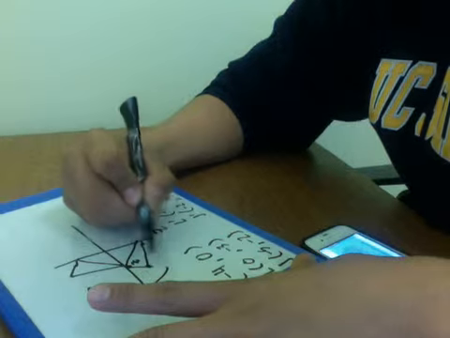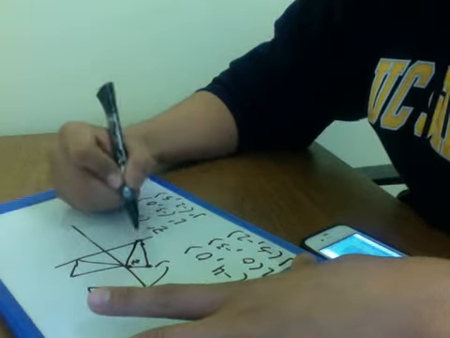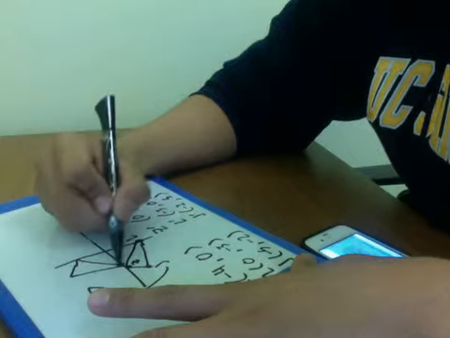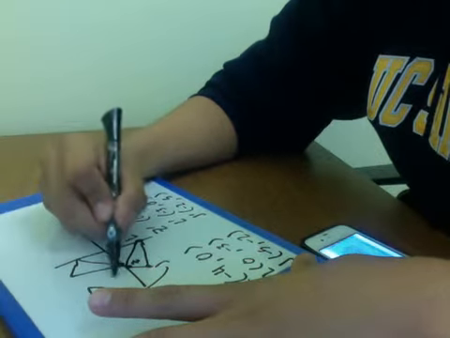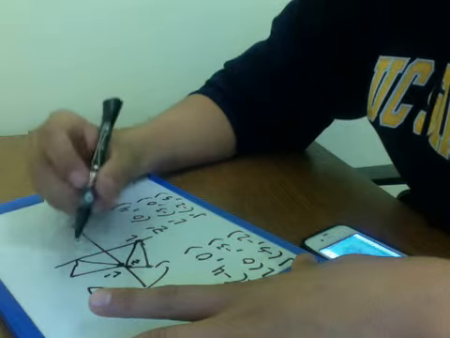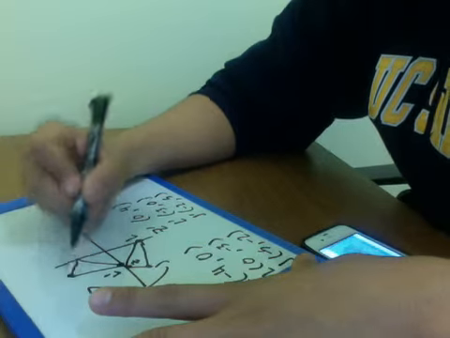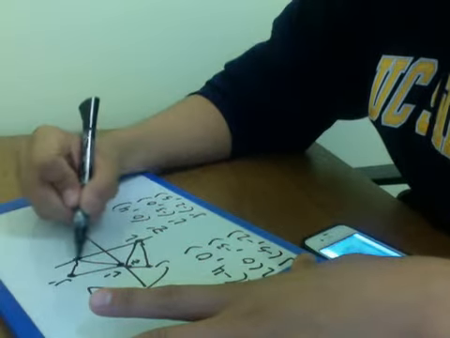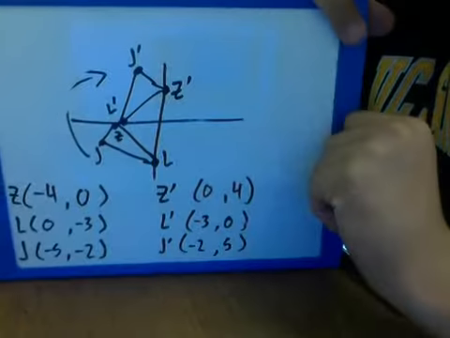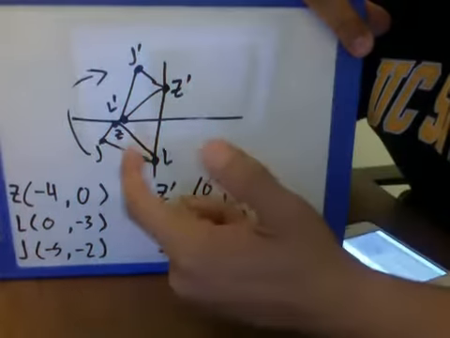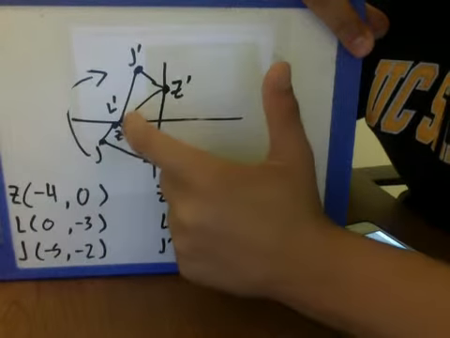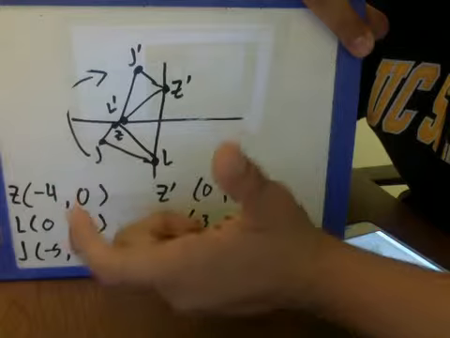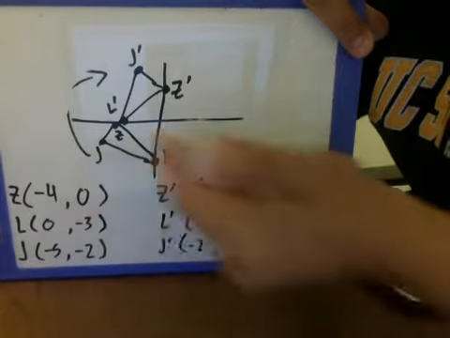Let's see, that's J, that's L, that's L prime, J prime, and Z prime. Okay, there's the letters. J, L, Z, L prime, Z prime, J prime, and the corresponding coordinates.